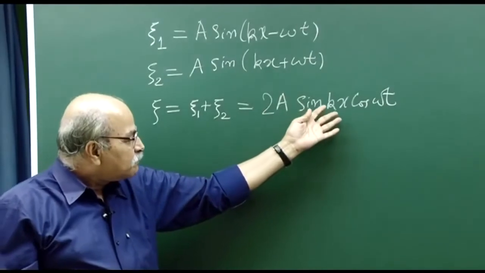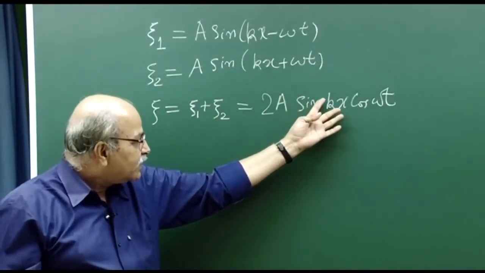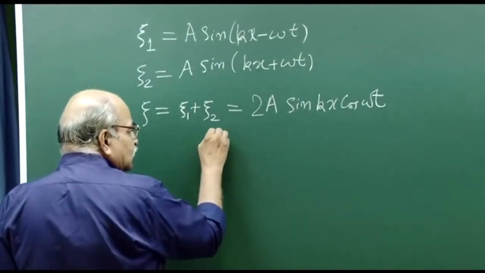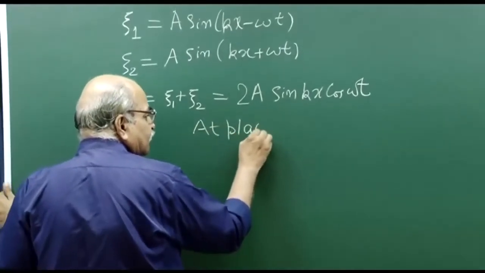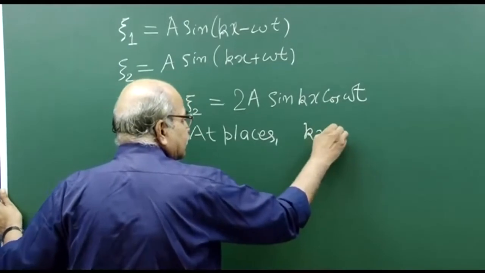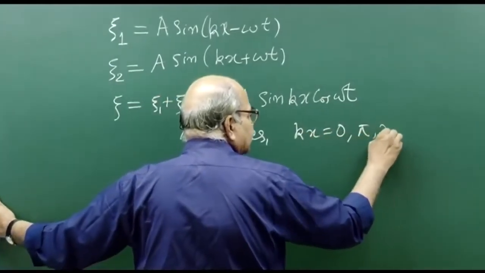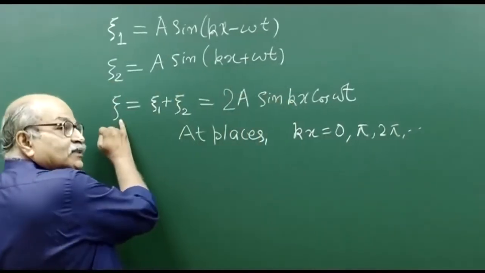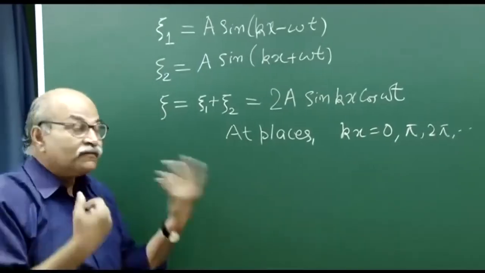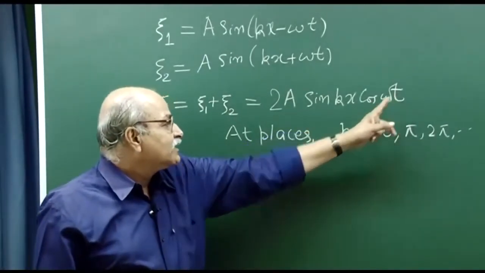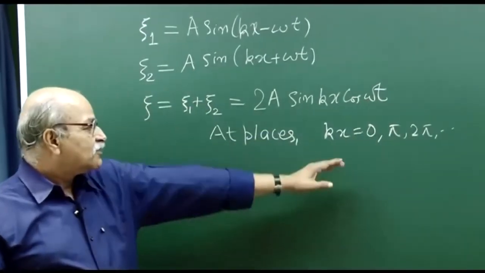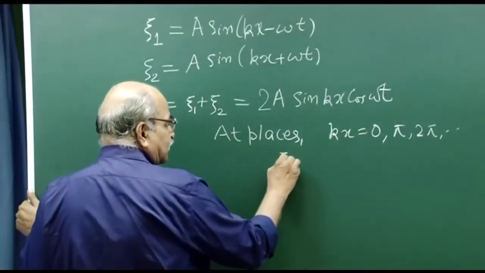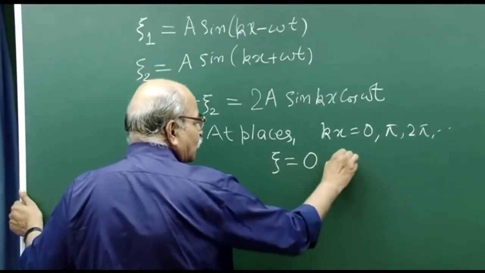But at places where kx is 0 or an integral multiple of pi, that is 0, pi, 2 pi, at these places this net displacement is always 0 for any t. So, at these positions your displacement is 0 always.